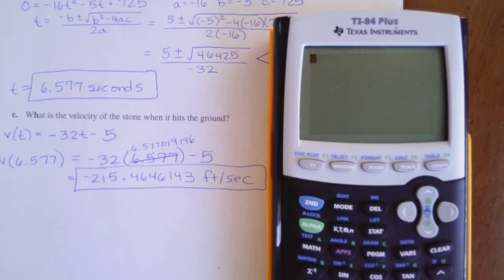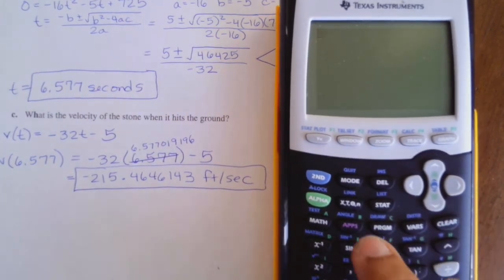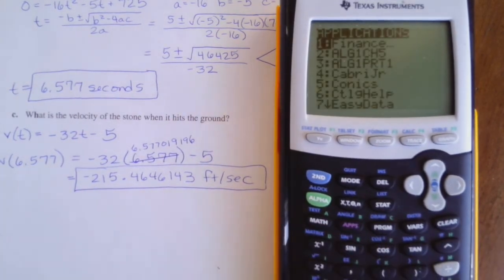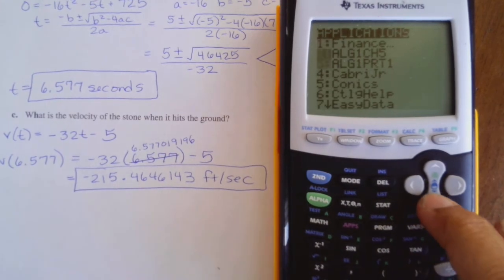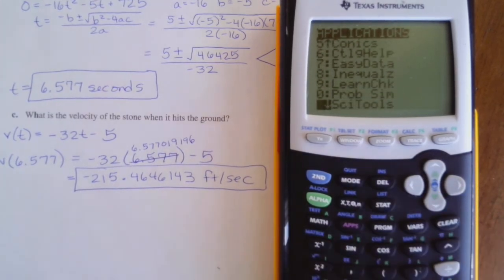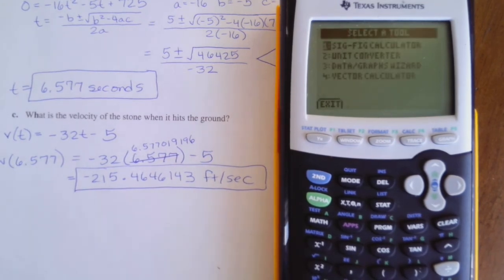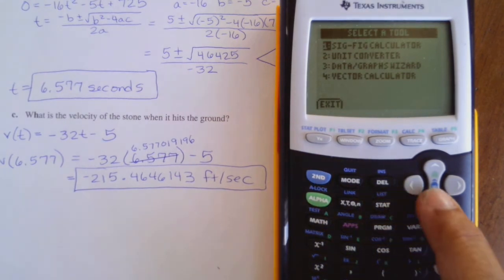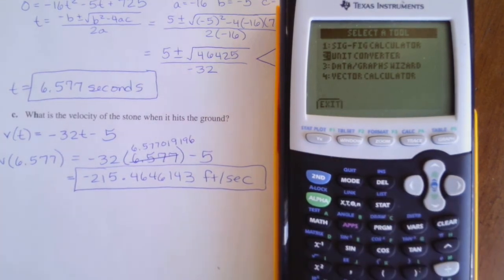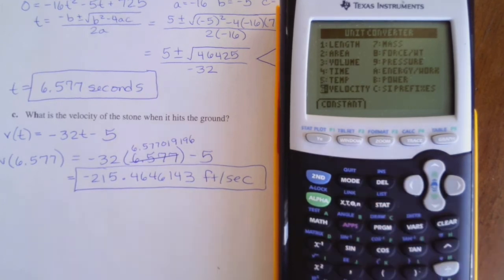Okay, so I'm going to do the conversion on the calculator. So I'm going to go to my apps menu, and I'm going to scroll down to scientific tools. Okay, that one. All right, and I am going to do the unit converter, and I'm going to do velocity.